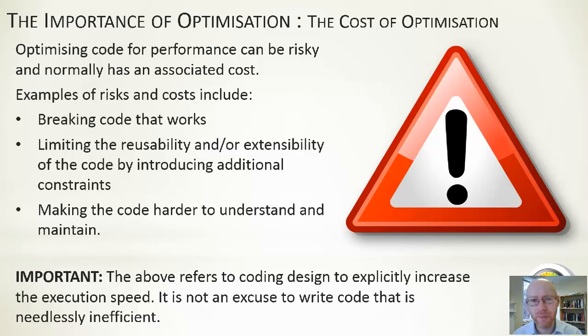The bit at the bottom is quite important. What we talked about here is trying to indicate the dangers of leaping into optimization too quickly and the cost that it can have. Now, that is not to say optimization is unimportant or that you needn't worry about it at all, and it is certainly not an excuse to write shoddy, poor performing code.